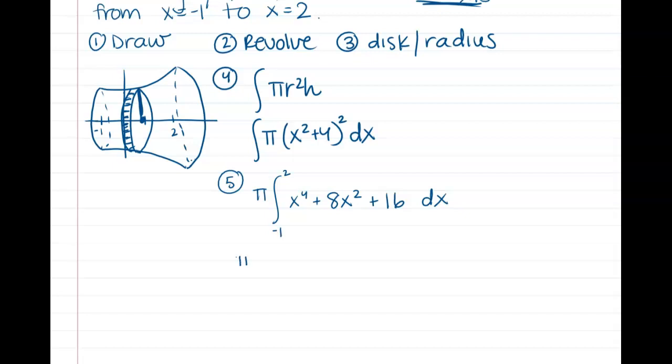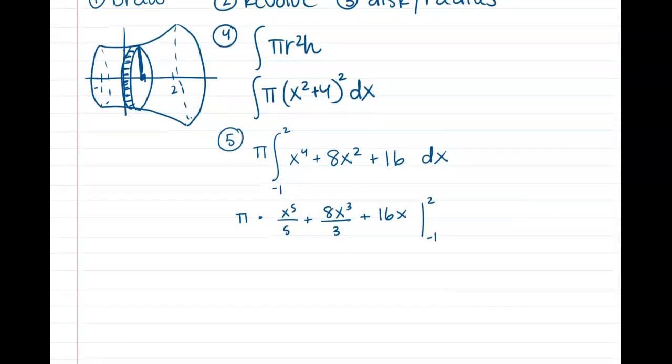And so we'll end up with pi times x to the 5th over 5 plus 8x cubed over 3 plus 16x from -1 to 2. And I'll be perfectly honest with you.